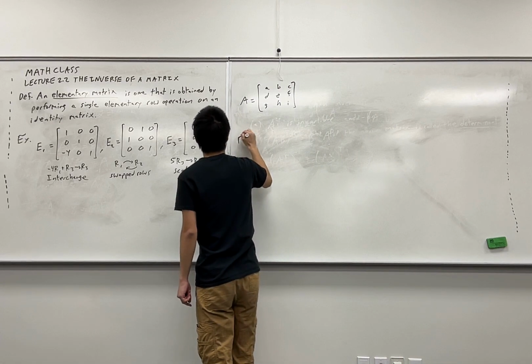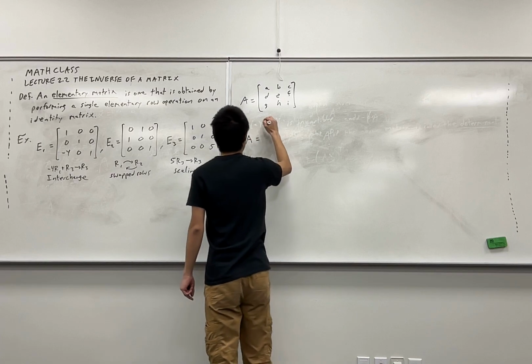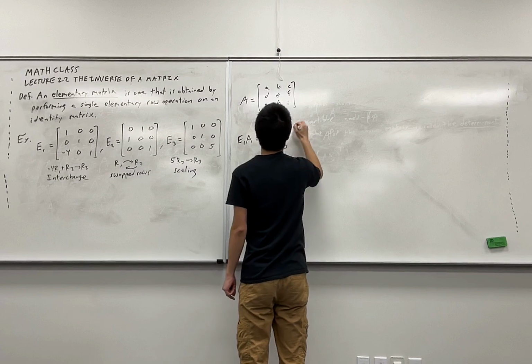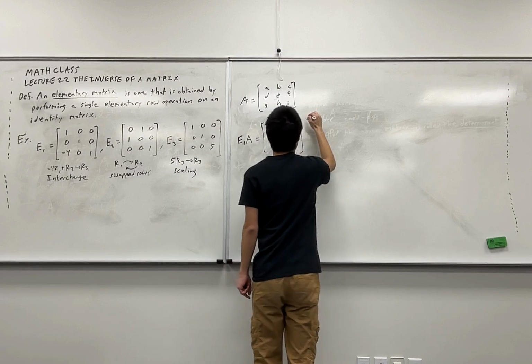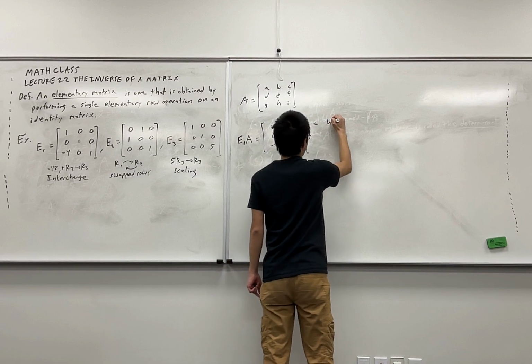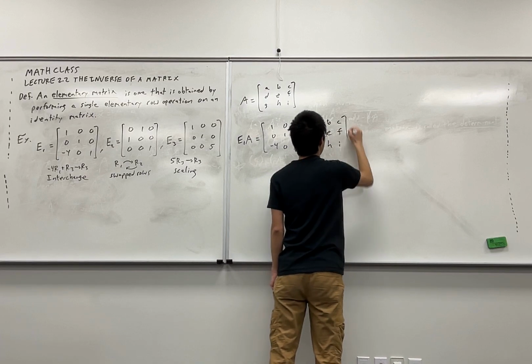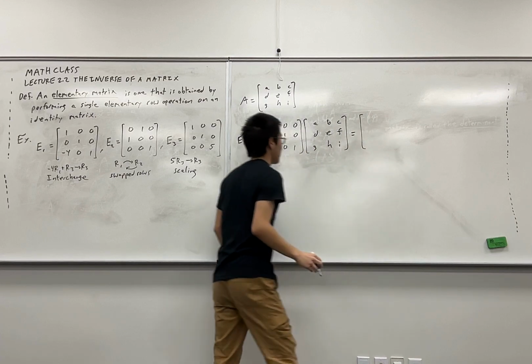So E1 times A is going to be 1, 0, minus 4, 0, 1, 0, 0, 0, 1, times my A, B, C, D, E, F, G, H, I.